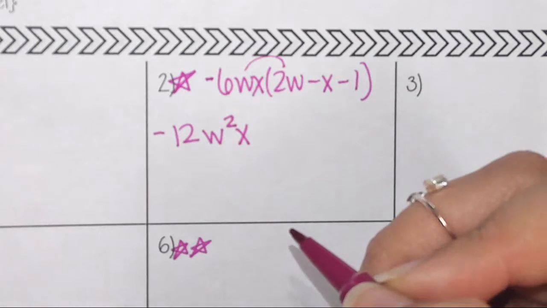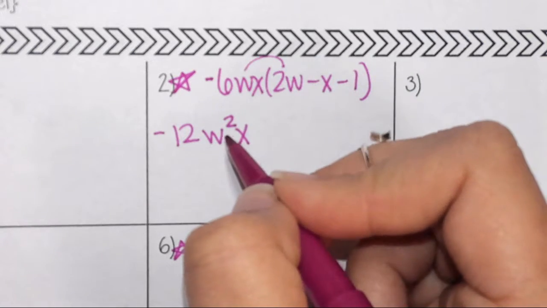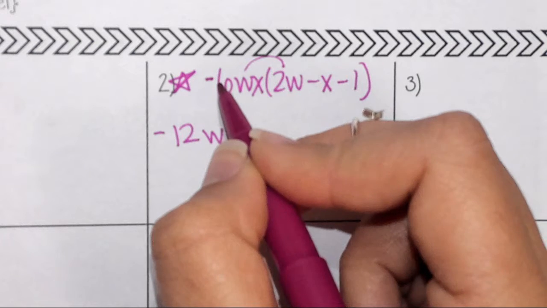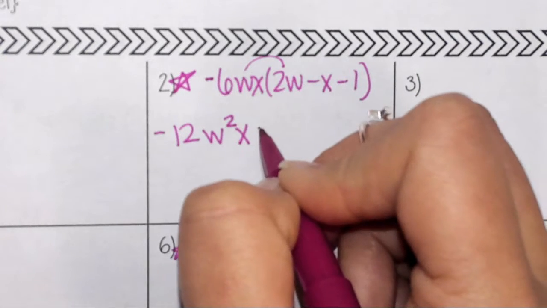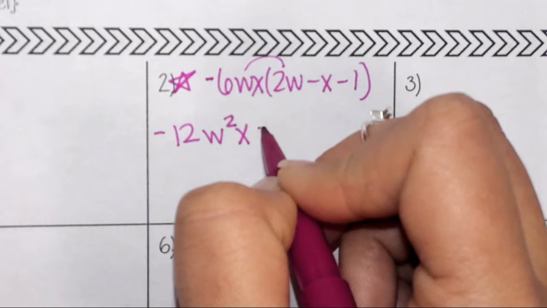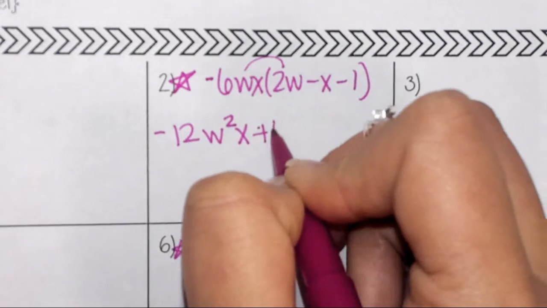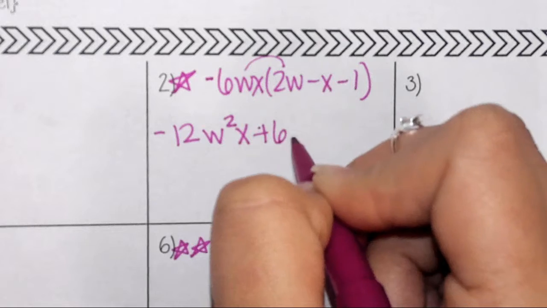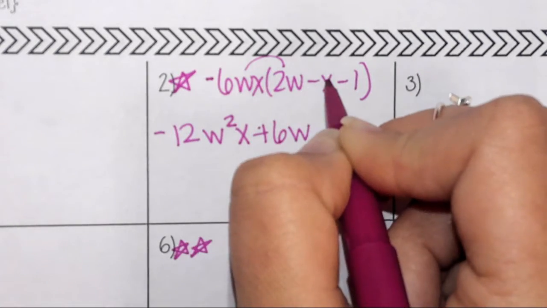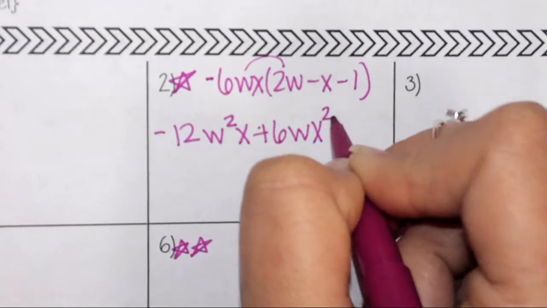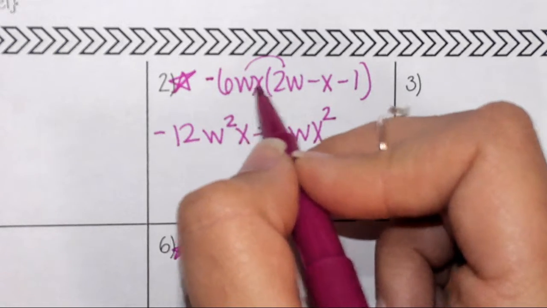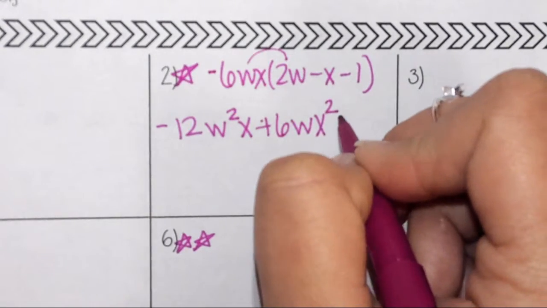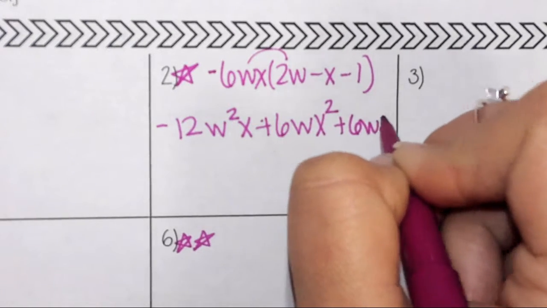Now, negative 6 times negative x is plus 6. You keep your w, and then 1 plus 1 on your x's is 2. Now, negative 6wx times negative 1 will give you plus 6wx.